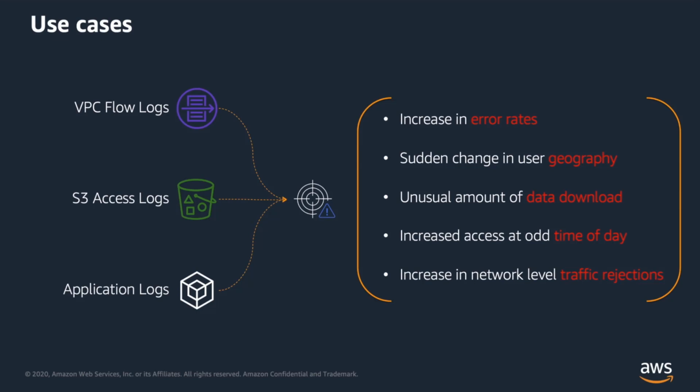things like an increase in error rates. That's really interesting. You might want to monitor, for example, the HTTP response codes from Amazon S3 access logs or your application logs, and on a normal day, of course, there might be some 400 error responses, but in comparison to 200 responses, the 400 error responses usually are a much smaller number.